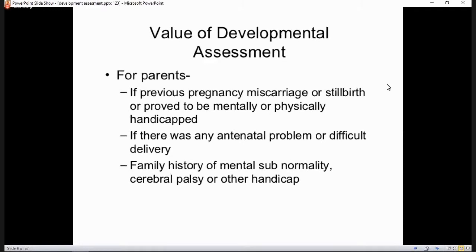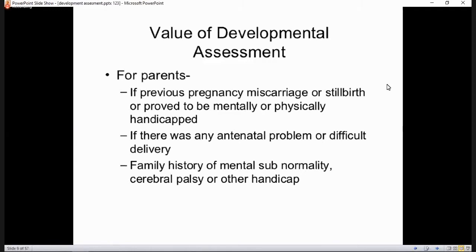So when is it important to do a development assessment, as far as the parents are concerned? If in the history there is a previous history of miscarriage or stillbirth, or any child proven to be mentally or physically handicapped, these are really worried parents.